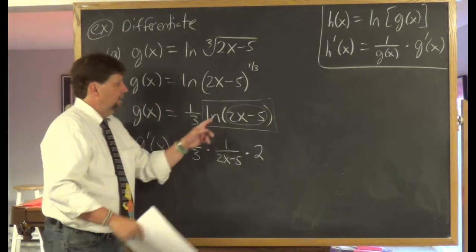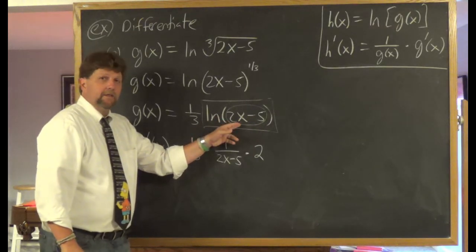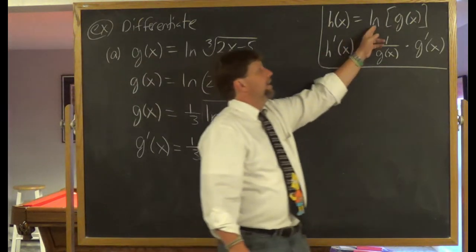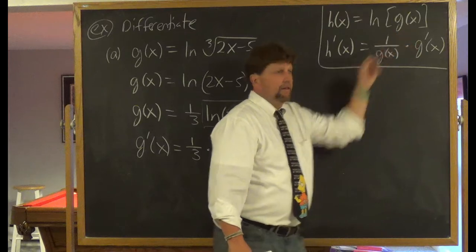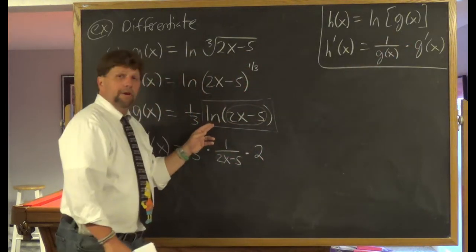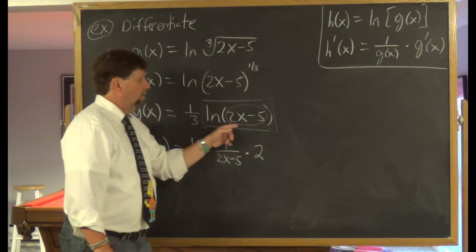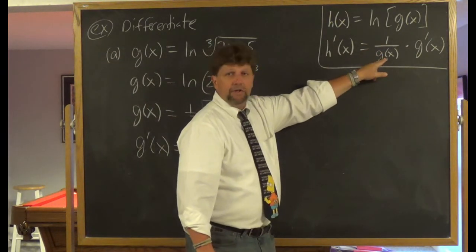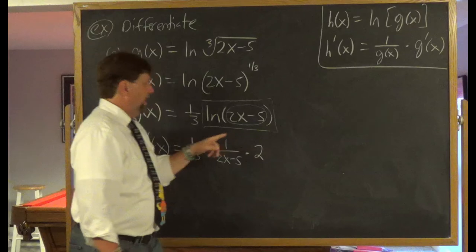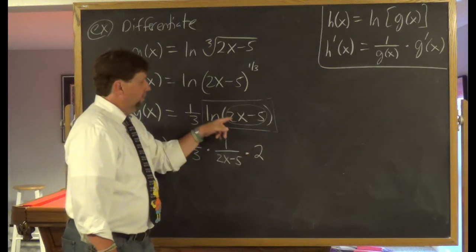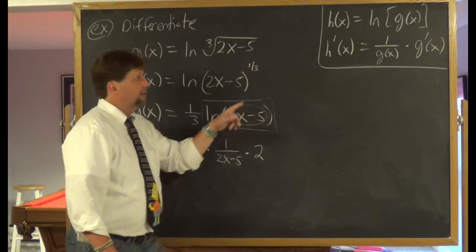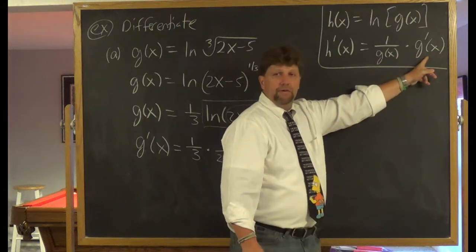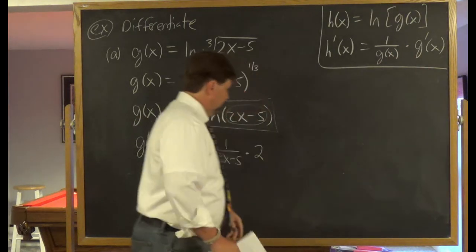So again, ln 2x minus 5. That's ln of a function of x. To get its derivative, we do 1 over that function of x, times the derivative of that function of x.